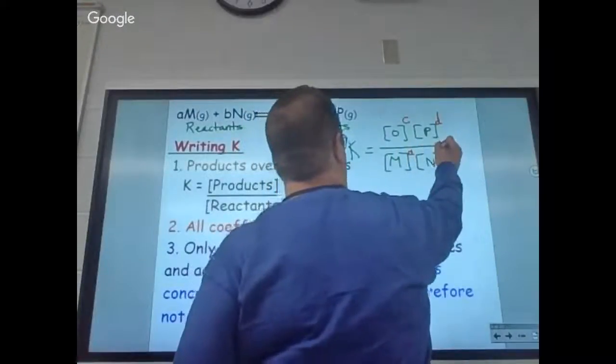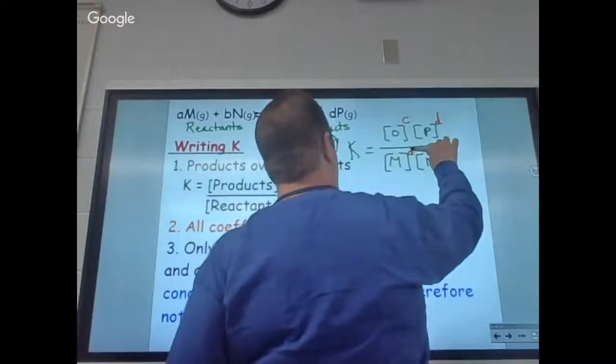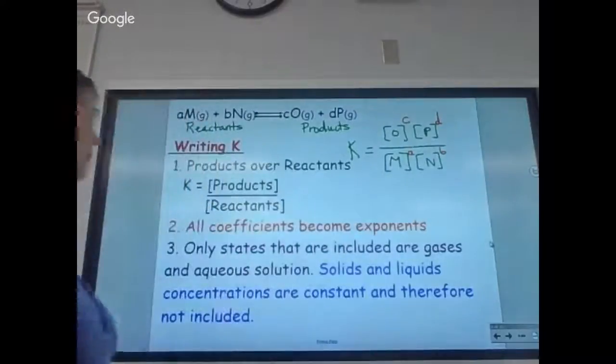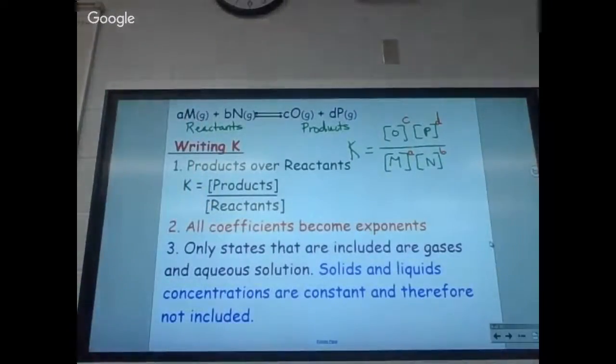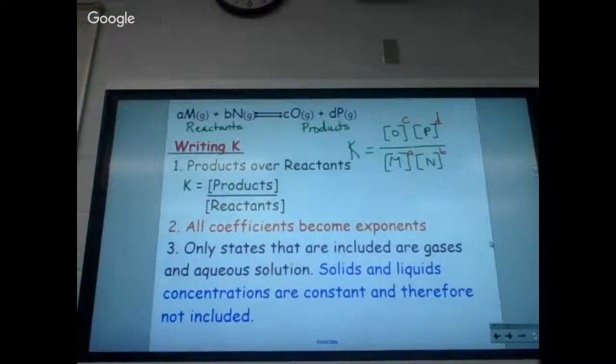B. Now, if any of these are liquids or solids, I mark them out. Are any of them liquids or solids? No. Then they all stay. And that's how you write an equilibrium constant expression. That's it. We don't have to solve for it. If we had numbers, we'd put them in, which we're going to do shortly. Right now, we're just writing the K. But it literally is that easy.